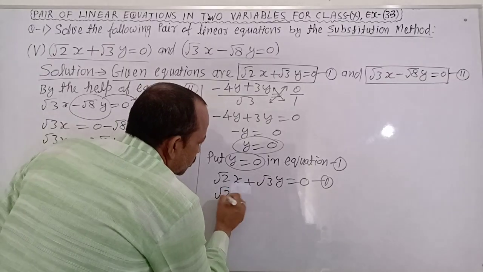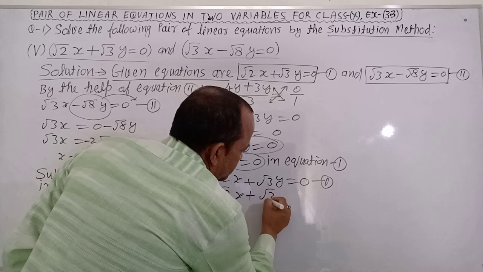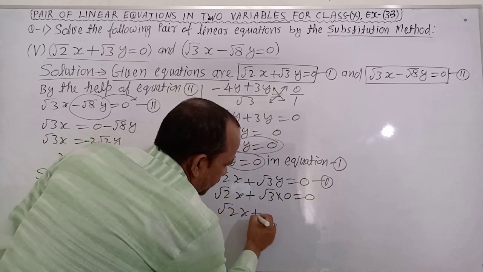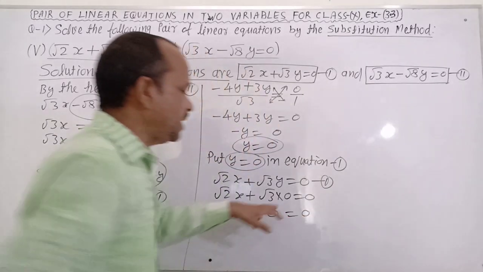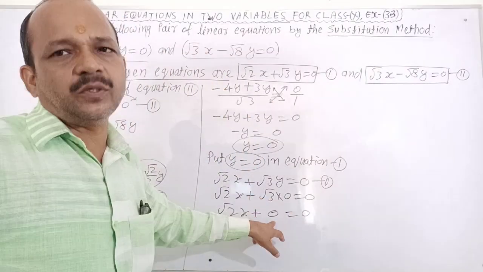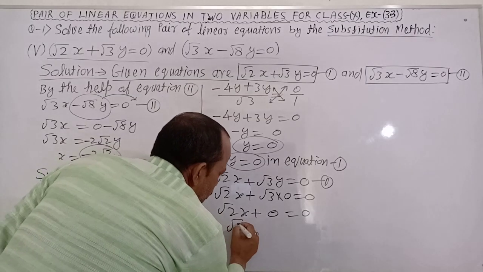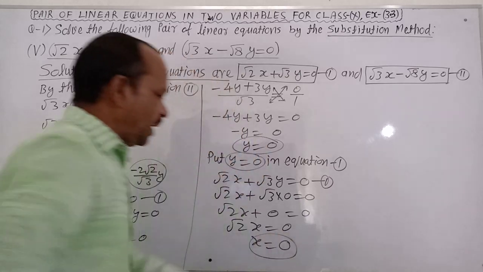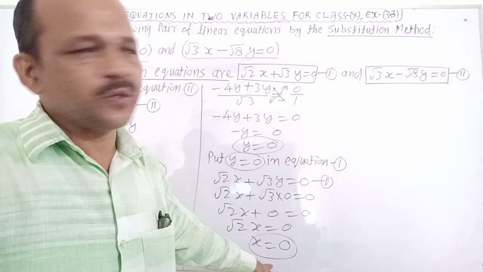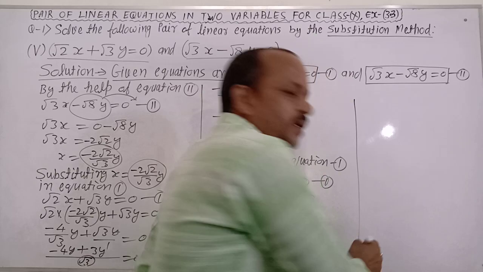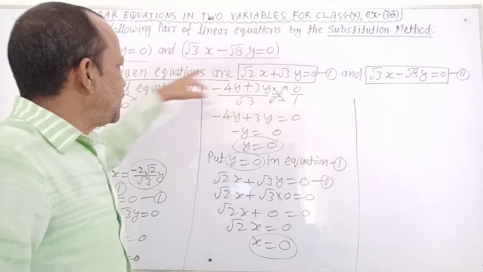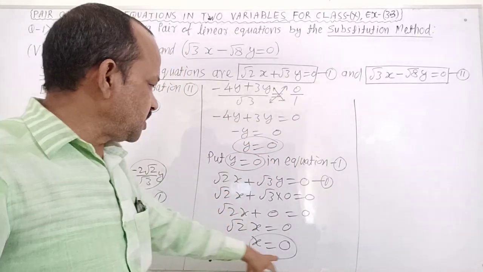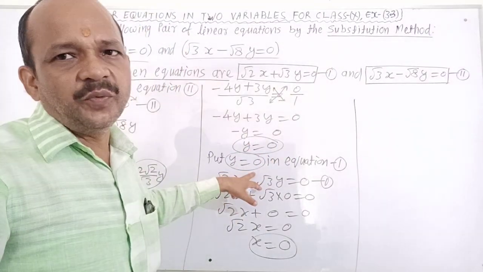It becomes root 2x plus root 3 multiply 0 equal to 0. Root 2x plus 0 equal to 0. Here 0 multiply root 3 becomes 0. Root 2x equal to 0, x equal to 0. You find x equal to 0. You solve equation first and equation second. You find the value of x equal to 0 and y equal to 0. Clear?